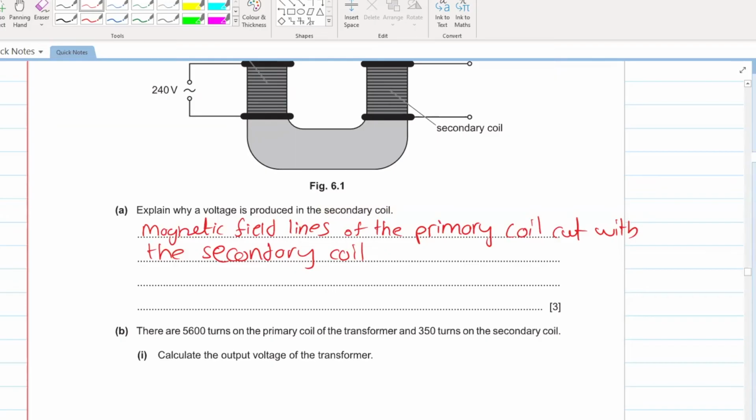What happens then? This induces a voltage in the secondary coil. Simple as that. Nothing complicated here.